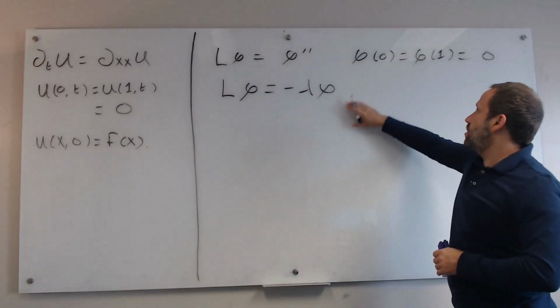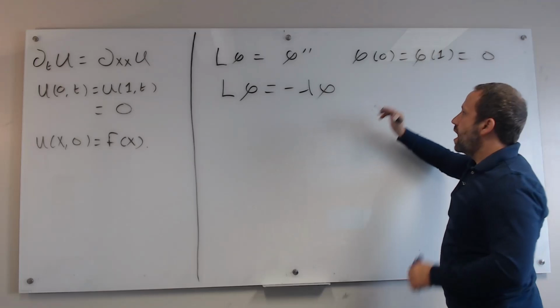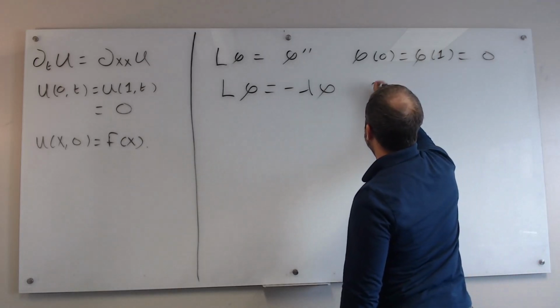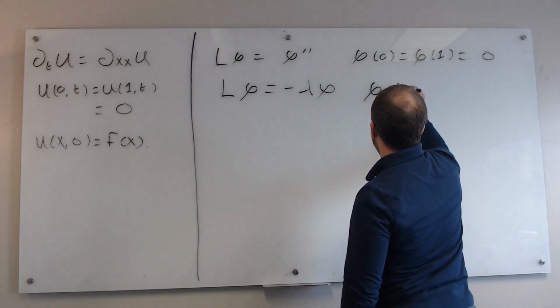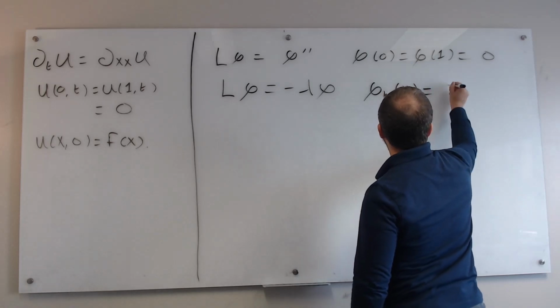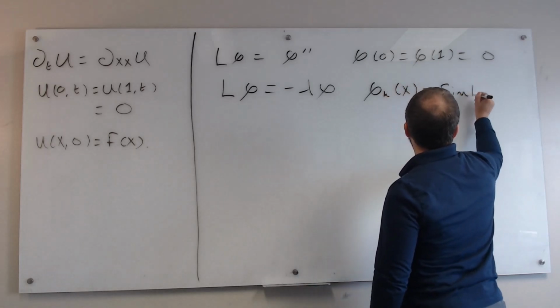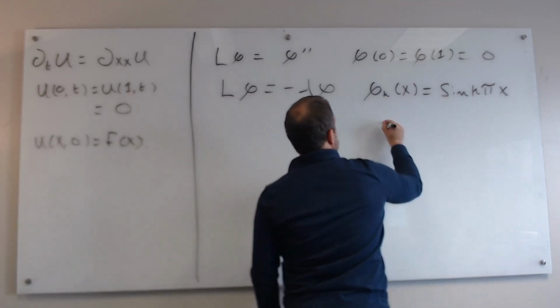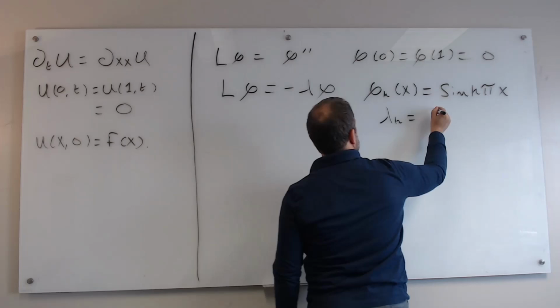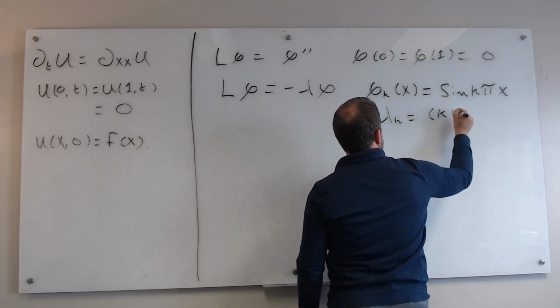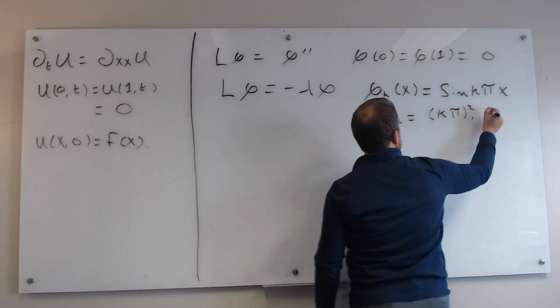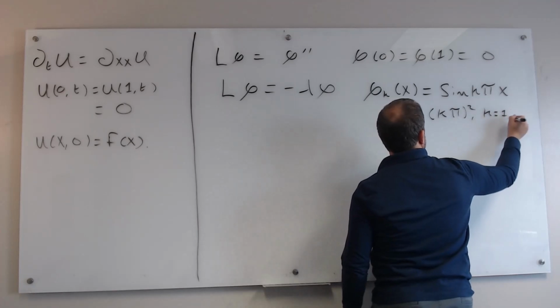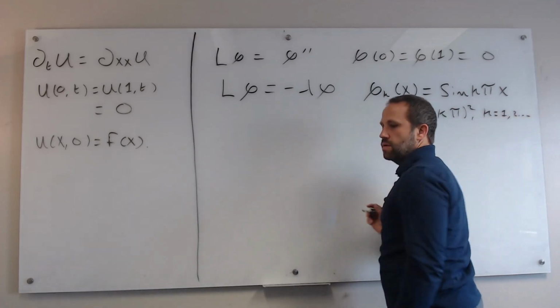So we want to study this equation with these boundary conditions, and we learned that there are going to be solutions phi k of x equals sine k pi x, and then we have these eigenvalues lambda k equal to (k pi) squared for k equals 1, 2, and so on and so forth.